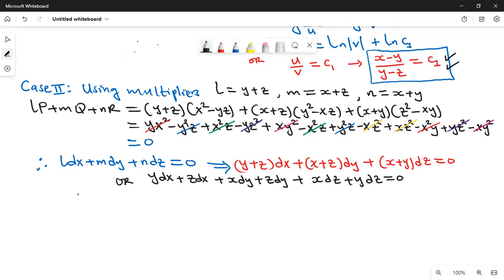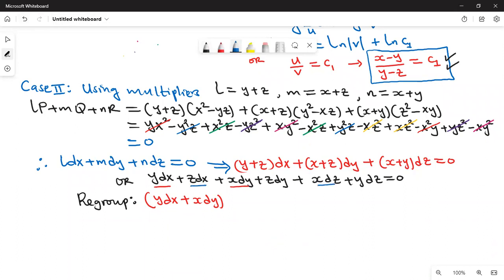Then I now regroup them. The first group will be this, y dx, and I can see this x dy somewhere. That will form one group: y dx plus x dy. Another group is z dx, and I can see that should not be cancelled. Just underlining z dx.